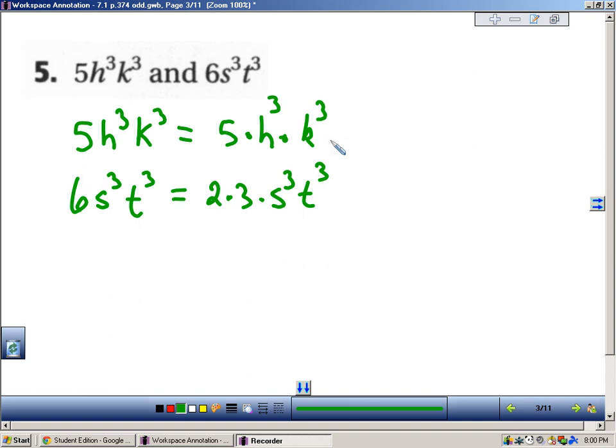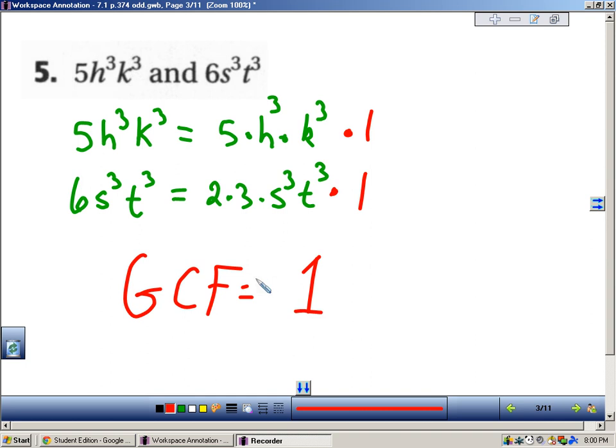And so I notice that none of these factors have anything in common. 5, 2, and 3, no. H, S, K, and T, they have nothing in common other than a factor of 1 because it doesn't change your product. So my GCF is 1. These monomials would be called relatively prime to each other.